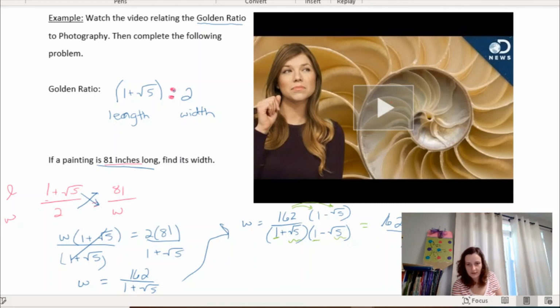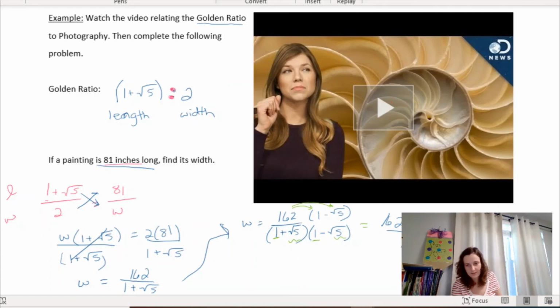So we're going to have 162 minus 162 square roots of 5, all divided by 1 squared minus 5 squared, where the square and square root of 5 are eliminated, so 1 minus 5 is negative 4.